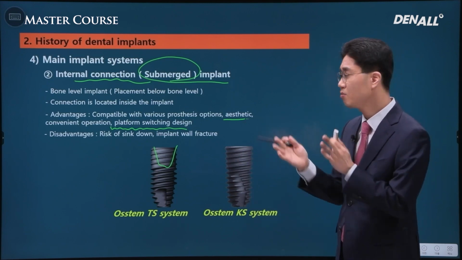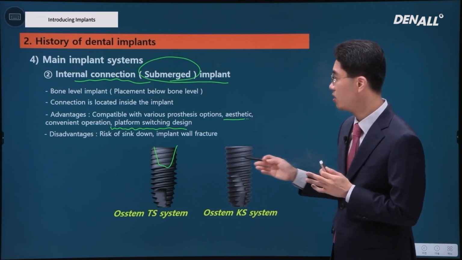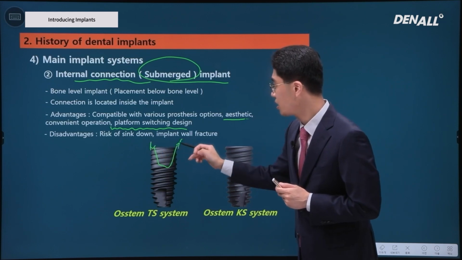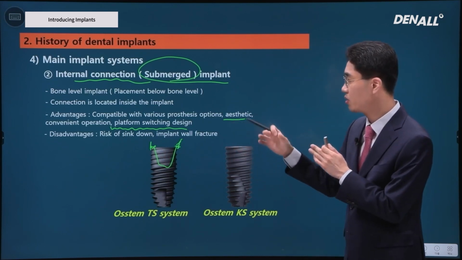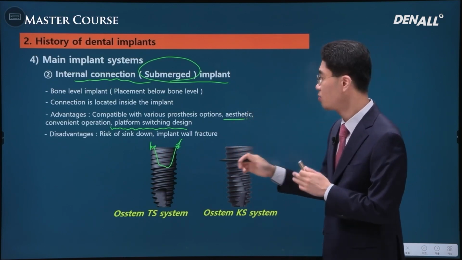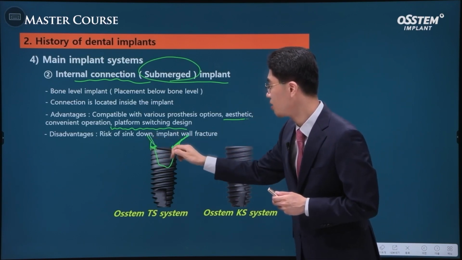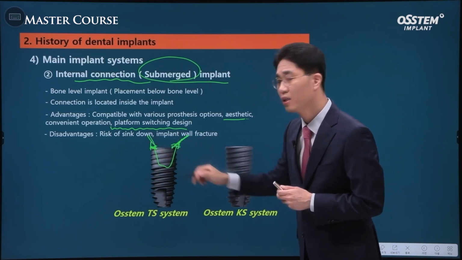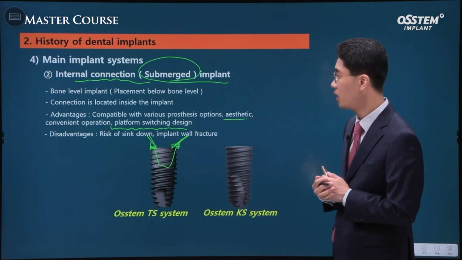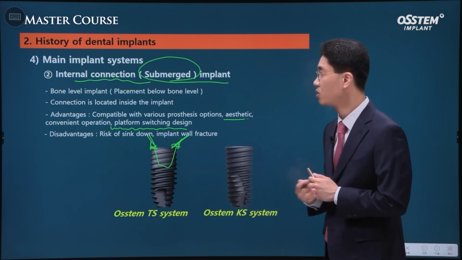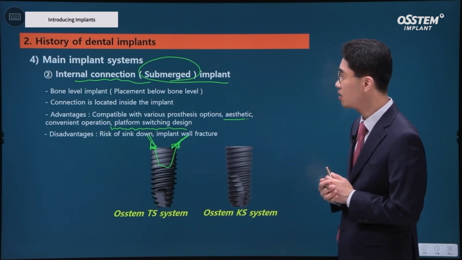In terms of the diameter of the abutment that goes on top, this is connected slightly internally. The implant abutment junction is over here and the abutment goes on top like this, and in this case there's less marginal bone loss, and this has been proven by many researchers. This is referred to as platform switching, and this is one of the advantages of this implant.